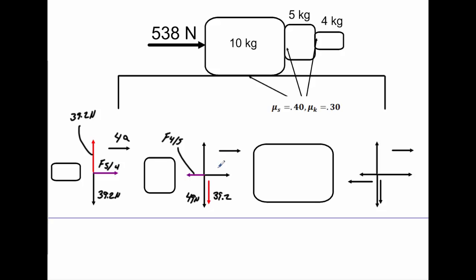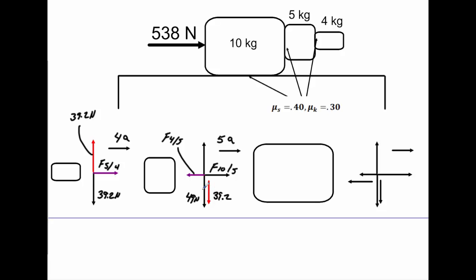Now we come here. This force would be the force that the 10 is pushing on the 5. We'll have our mass times acceleration coming here. Now this is the frictional force, which is just going to be the sum of these two. That's the maximum it can be. If these two objects are not sliding down, then this frictional force has to be the sum of those.